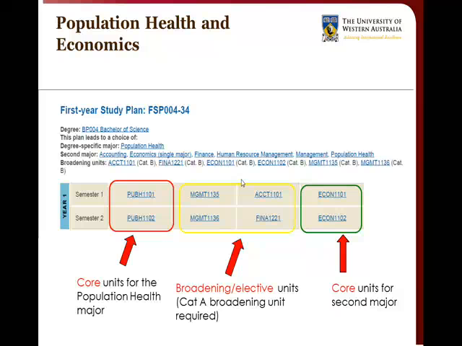You'd also pick core units for the second major, and then the other units could be made up of 4 broadening units or 2 broadening units and 2 electives, but the broadening units would just need to be outside of the Bachelor of Science. If you pick economics as your core major, well then your broadening units will need to be outside of the Bachelor of Commerce.